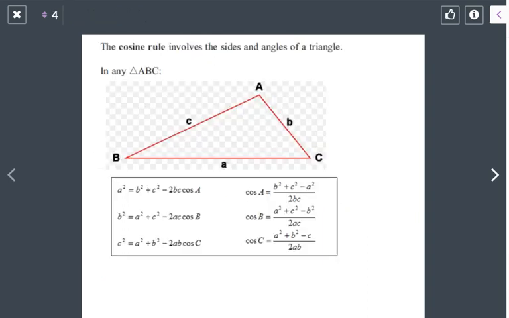Now let's analyze the cosine law. From the first formula, we know A, B, C, that means all three sides are given. So I have three sides. Then we know its angle.